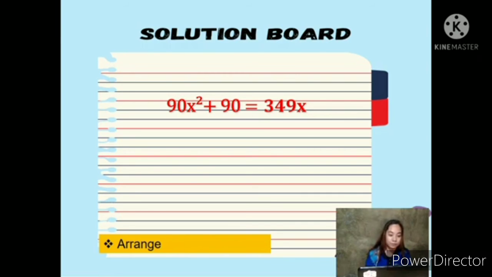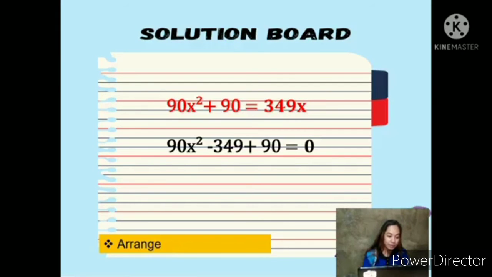So mag-i-stay ang 90x squared. Then, i-move natin from right to left ang 349x. So, magiging negative na siya. Then, plus 90.